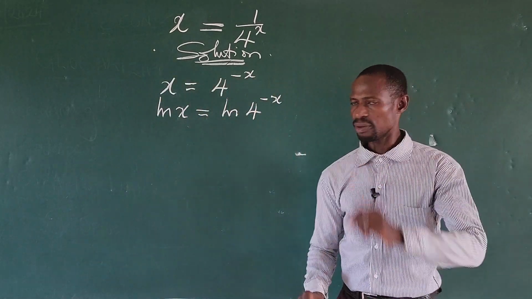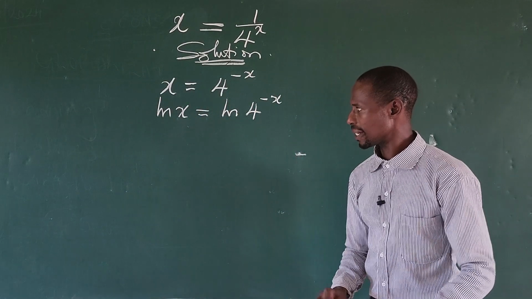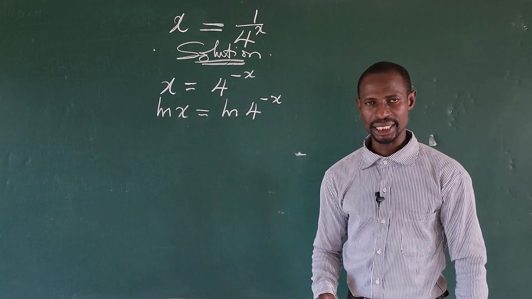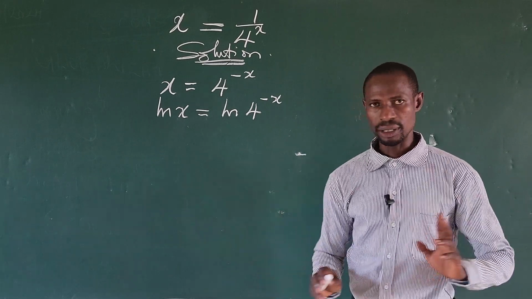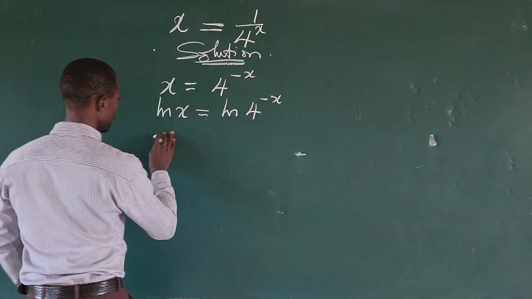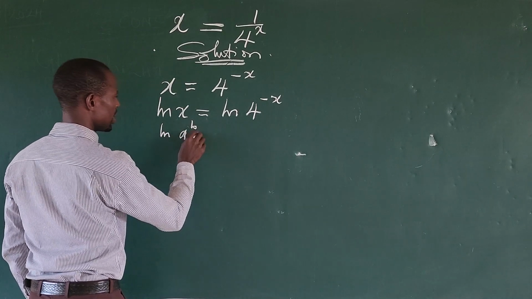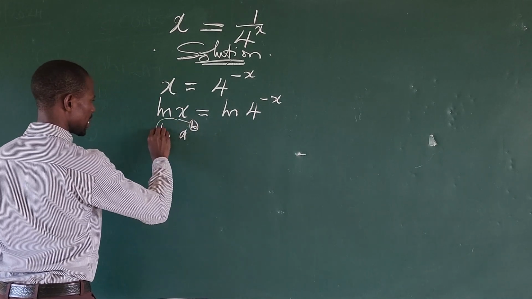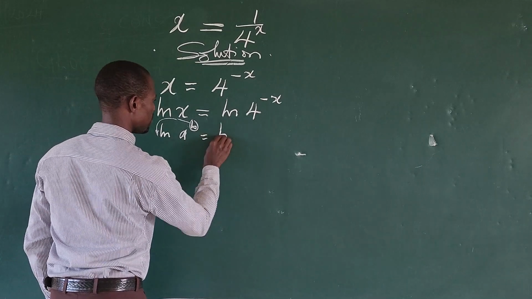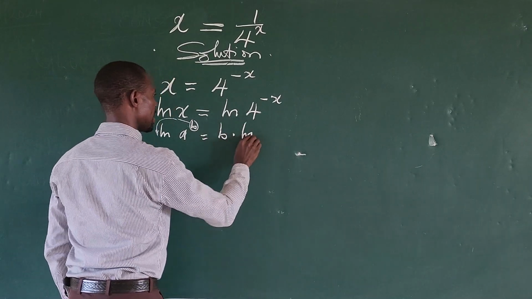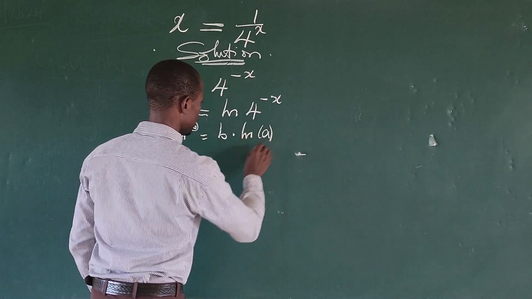All right, so what we do here again now, this is an exponent. There is a law in logarithm which says that if you have ln of a to the power of b, you move this to this side, so this is going to give us b times ln of a.